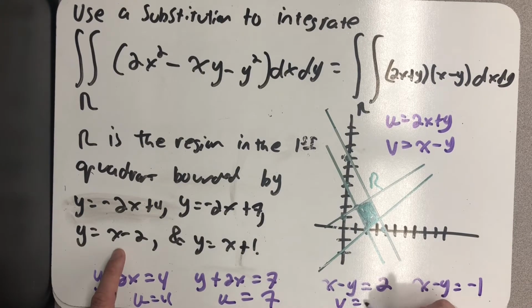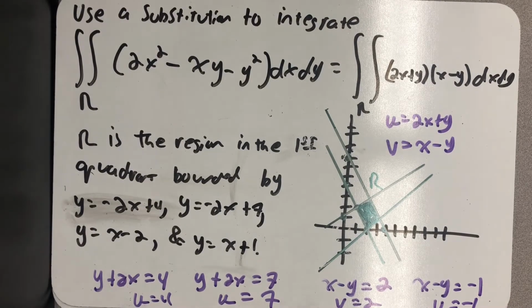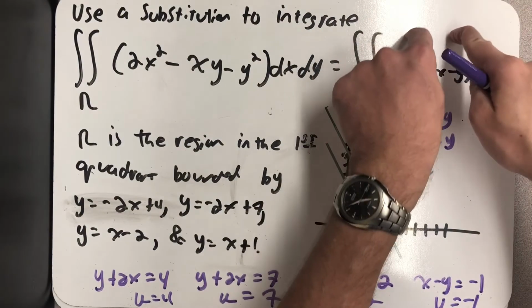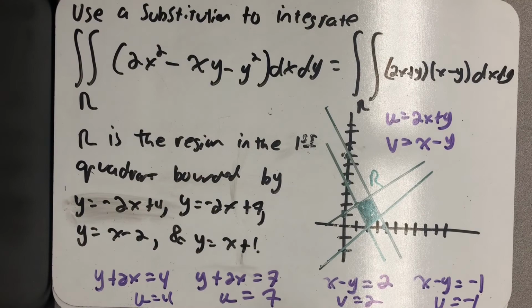So I have v equals 2 and v equals minus 1. So again, this substitution makes the integrand easier, and it makes the region I'm integrating over much easier.